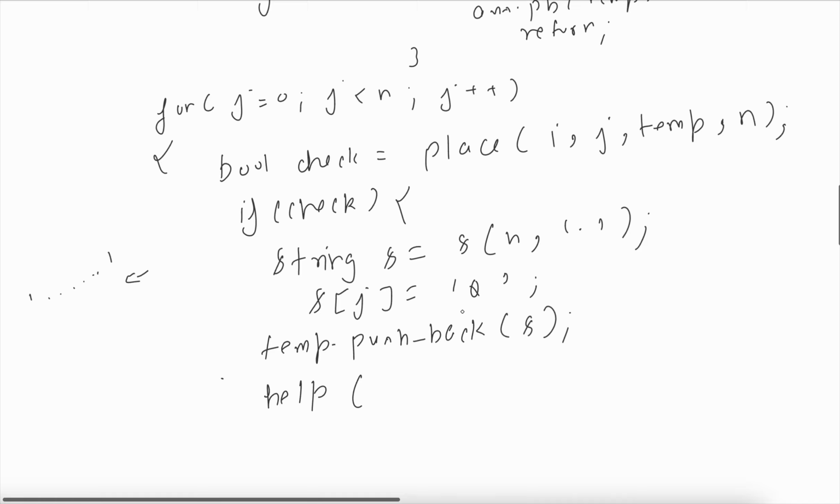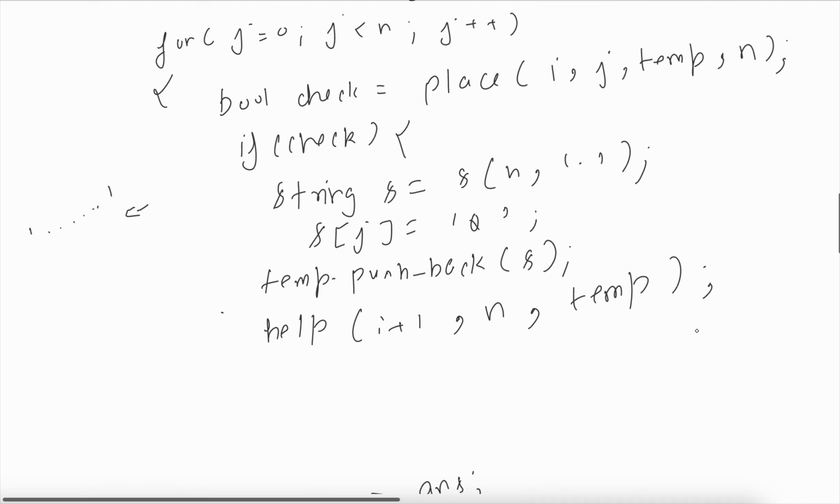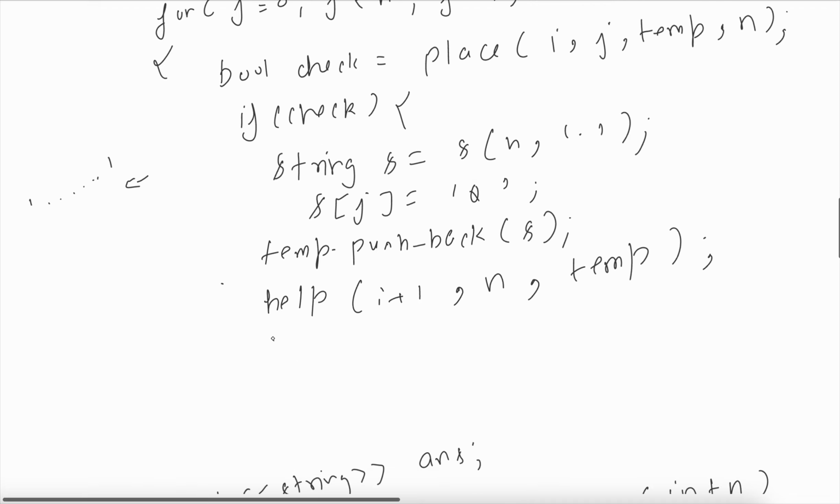Now I will move to i plus 1, so i plus 1 comma n comma temp. Let's say if this path fails, then I will backtrack. Backtracking requires this pop function. If I have pushed my string as answer and this path fails, then I will backtrack.